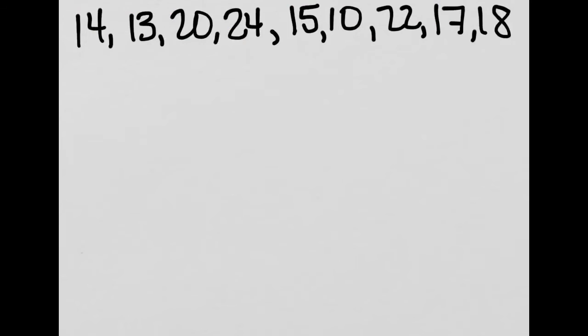Okay, let's say I have something like this. This is number 1 on the guided practice on page 632. So I have, looks like 9 numbers here. I need to put them in numeric order again. So that is always my first step.